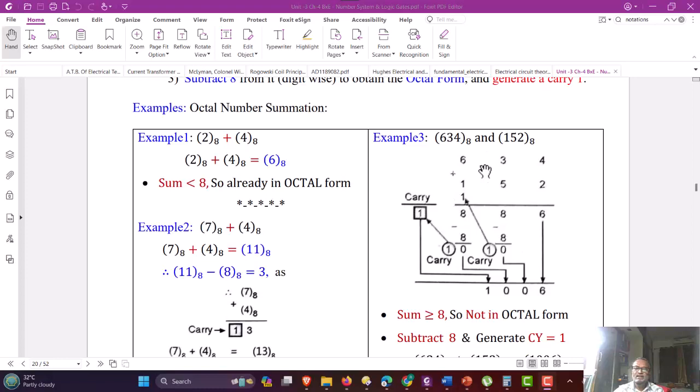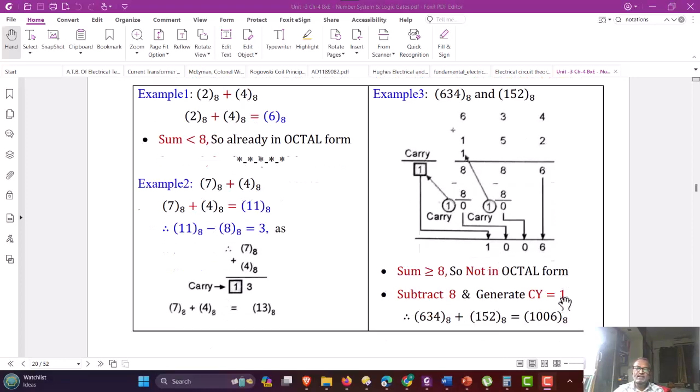Now 6 plus 1 plus 1, total is 8. Again this number 8 is not in octal form. So what do we have to do? We will take a carry and the number becomes now 10. From 10 we will subtract 8. The result will be 0 and the carry will be taken to the next column. And this carry will be written as the fourth digit. So the result will be 1006.